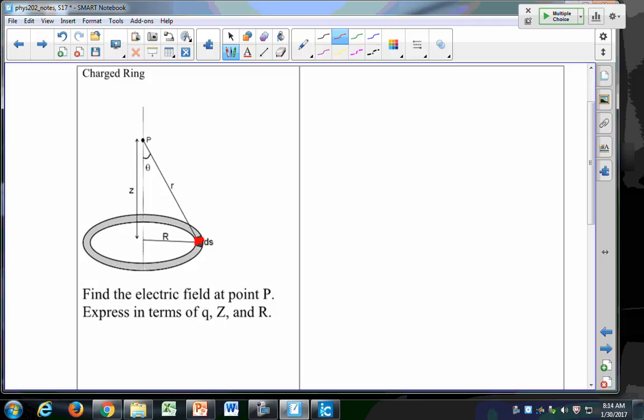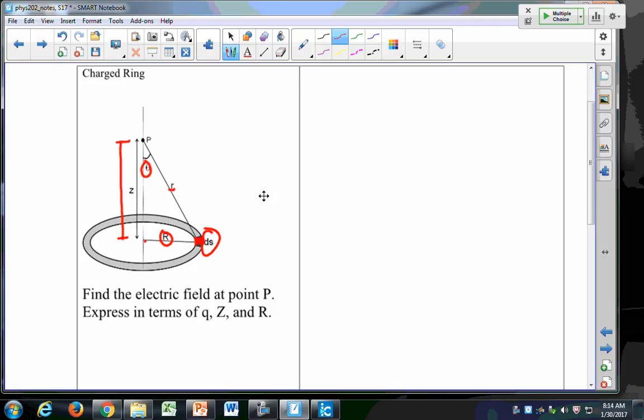So these little pieces, I say that they have a length ds, and then I describe the various things that I have. So I have the distance here, which is Z. This is the radius of the ring. I can define my angle there, and then little r is the distance from the point to the ring.